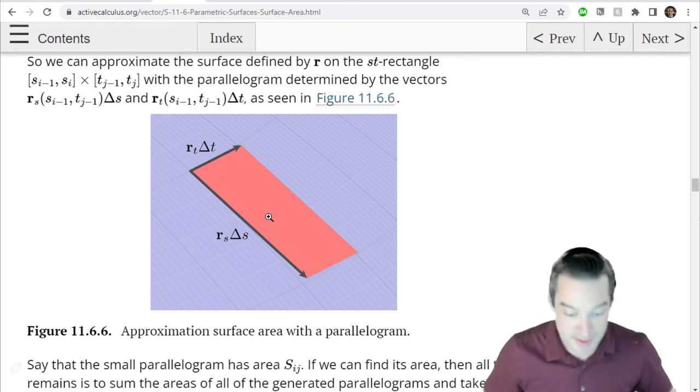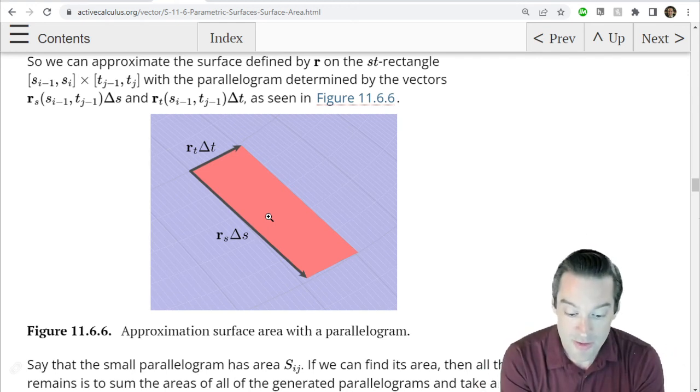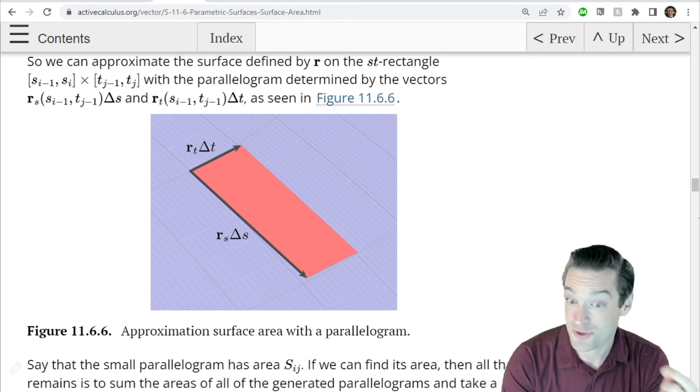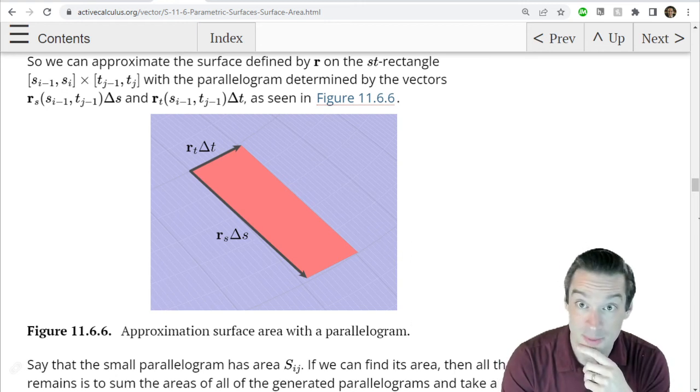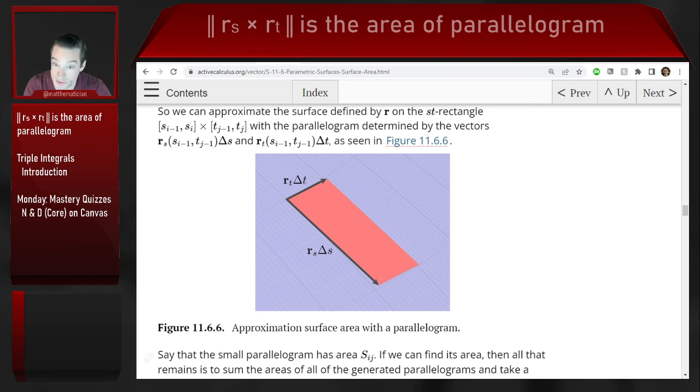And so the question is, given two vectors, how do I compute the area of the parallelogram that they span? What is our vector geometry tool for computing the area of a parallelogram spanned by two vectors? So we can get the area of this teeny little parallelogram that is on my surface by taking these two velocity vectors. These are going to be tangent vectors in the s and t directions to my parametrized surface, respectively.